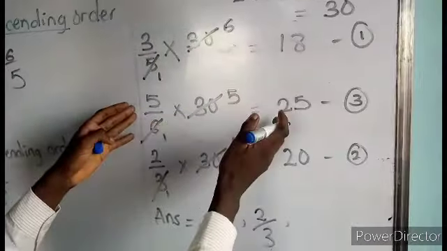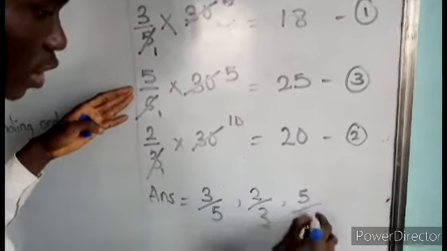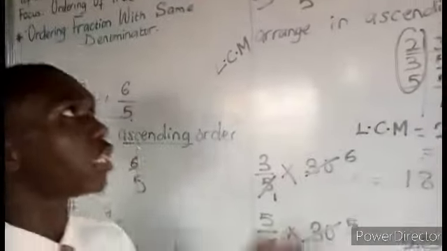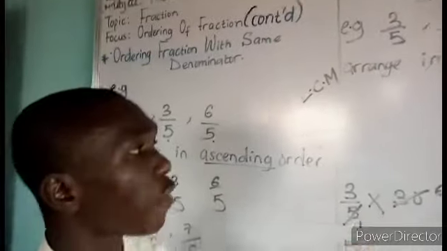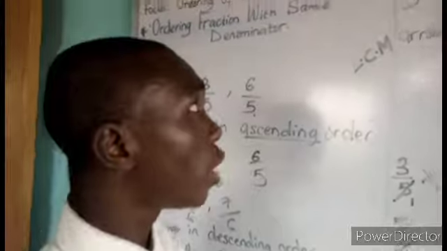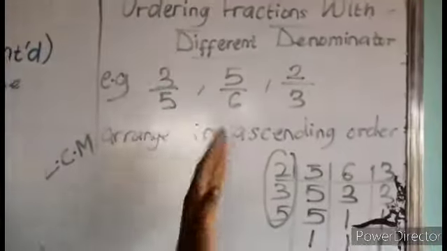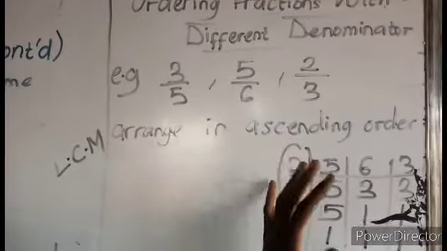And the last fraction that we have here is 5/6. So this is just how, or the steps to be taken, to order fractions with different denominators. Remember, the first thing you do when we are given such fractions is find the LCM of the denominators.